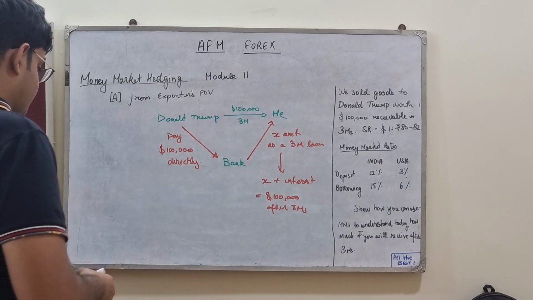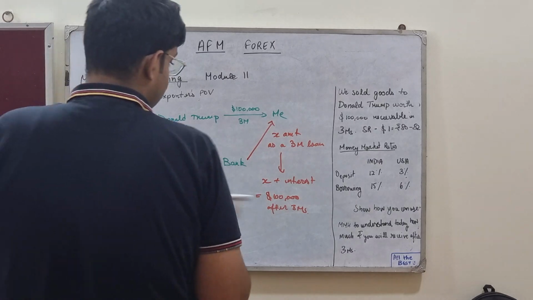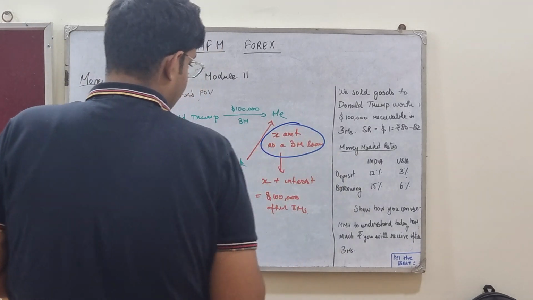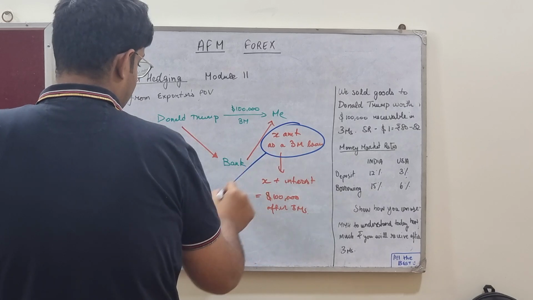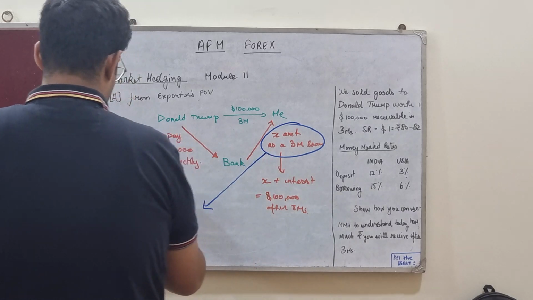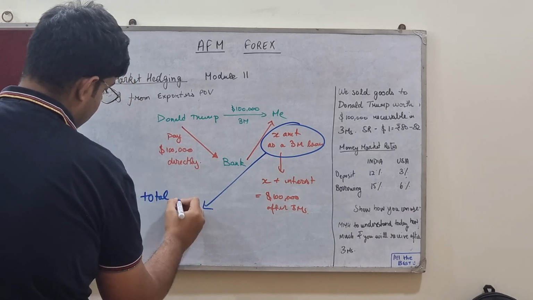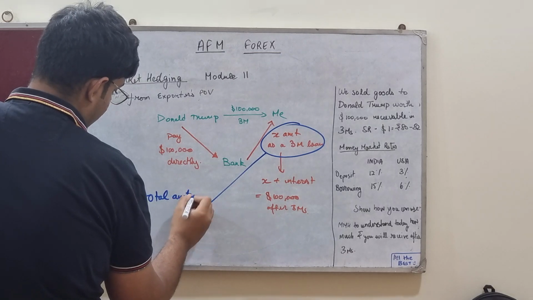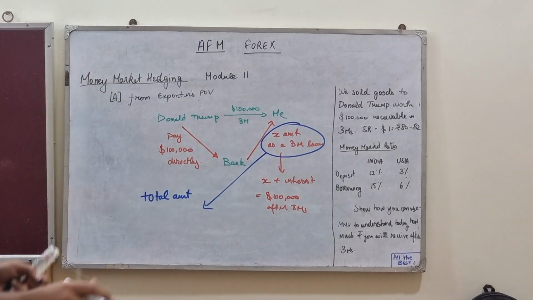Now this X amount which I got as a loan is basically the total amount I'm going to receive from this entire transaction.